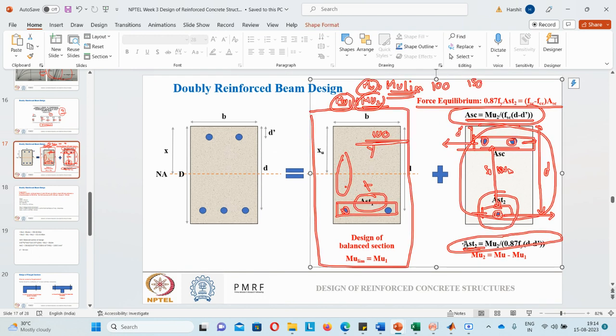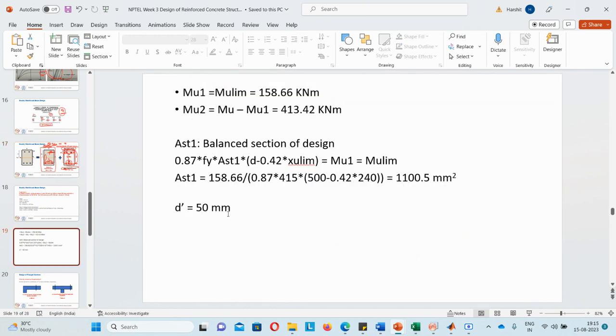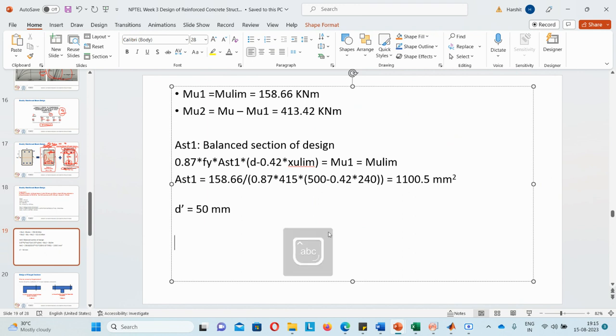So I can calculate AST2 directly by this formula. AST2 is equal to Mu2 upon 0.87 fy (d minus d dash). So AST2 will be equal to Mu2 upon 0.87 times fy times (d minus d dash).